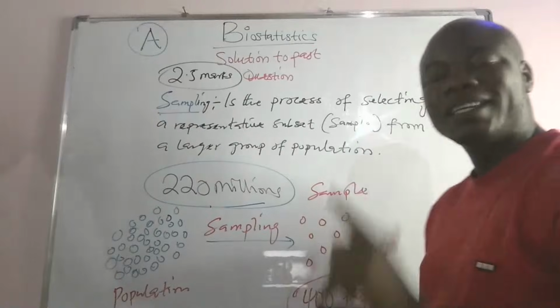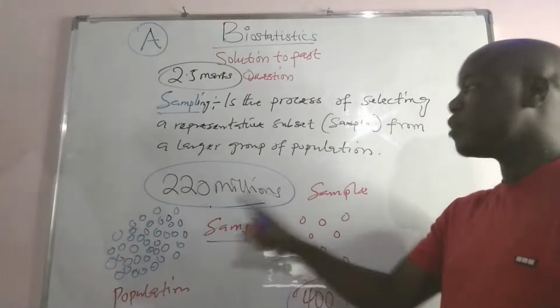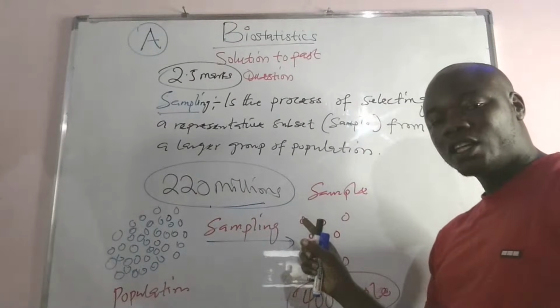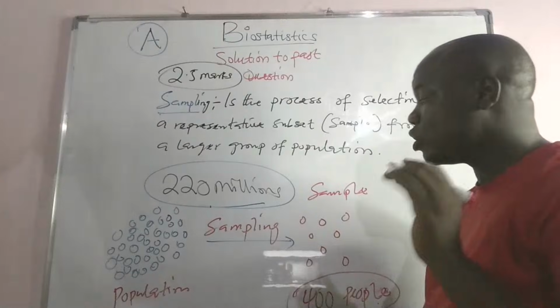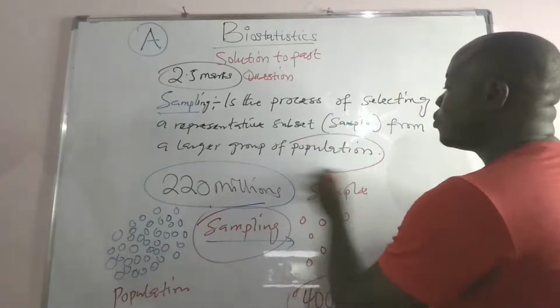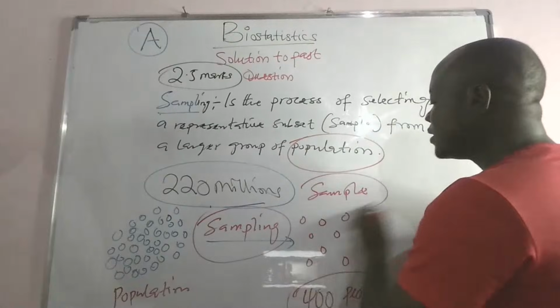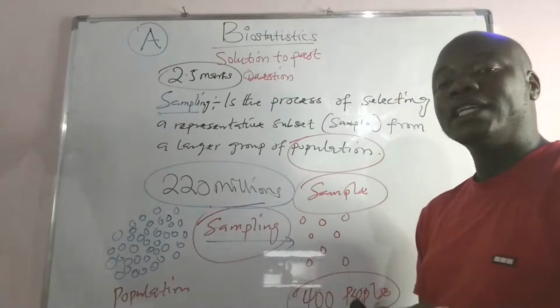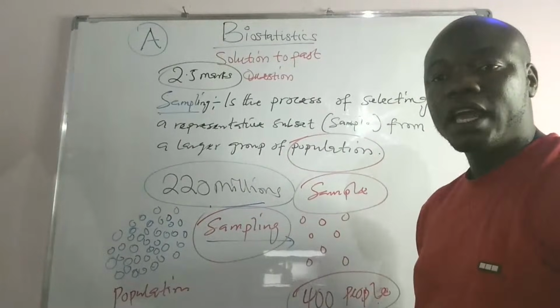So now, sampling is different from sample. There are three things here that you need to understand: sampling, that is number one; second, population; and then sample. So what is a sample?